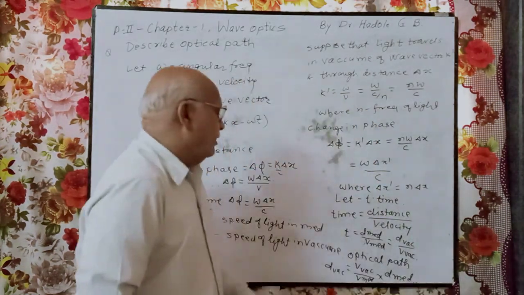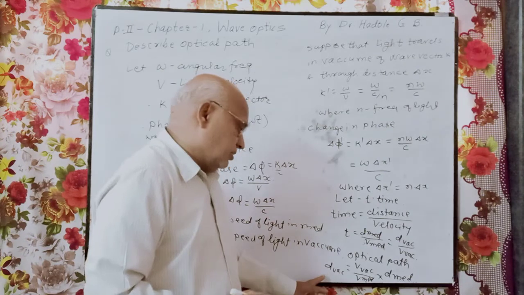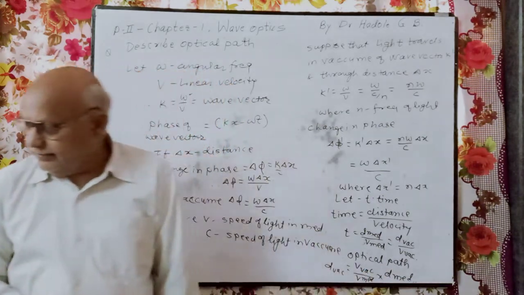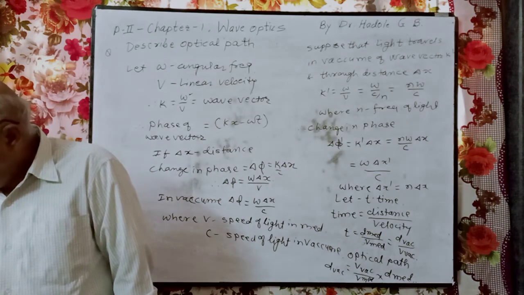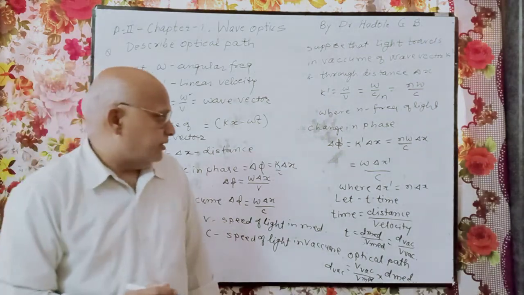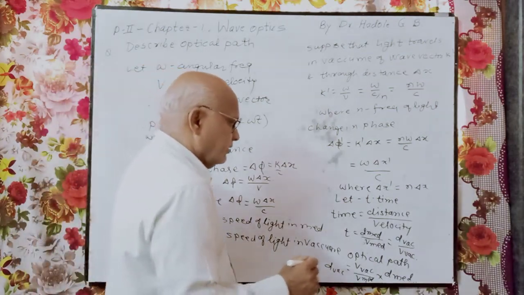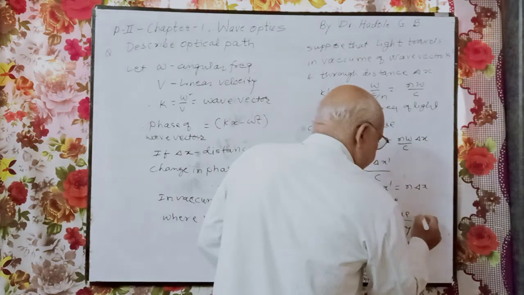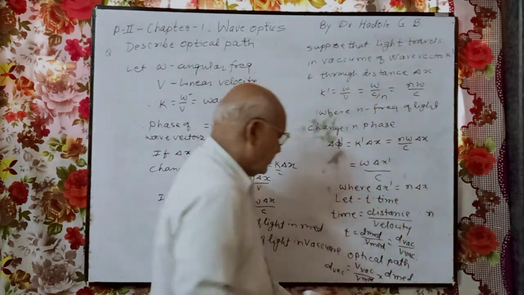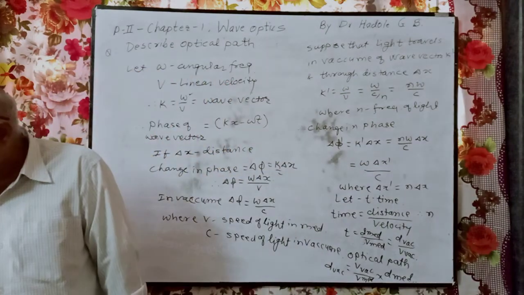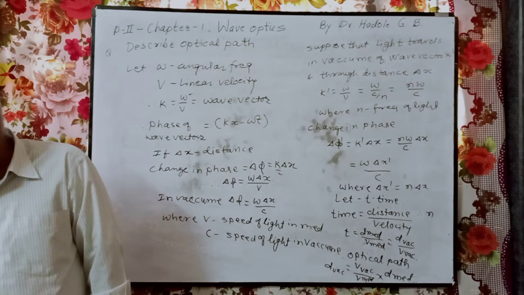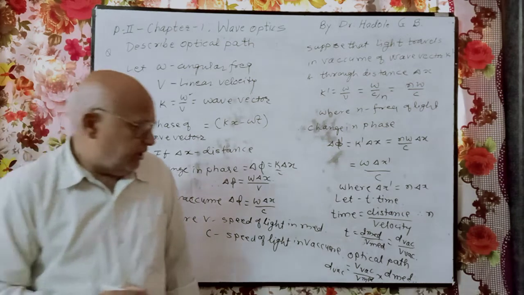And this way, the optical path, that is the distance in vacuum, we can calculate by using this formula. That is nothing but n times D in medium. D in vacuum, that is optical path length, is equal to n into D in medium.